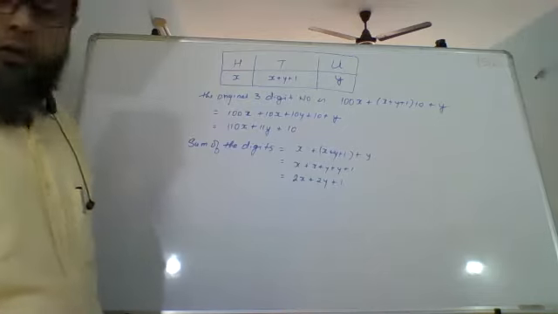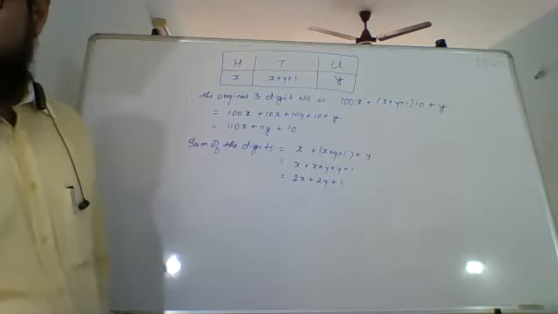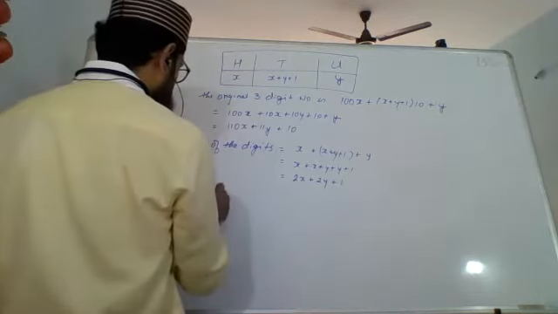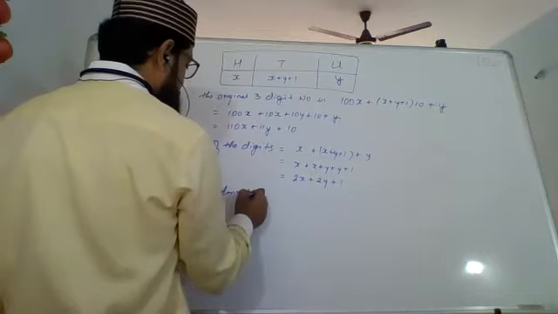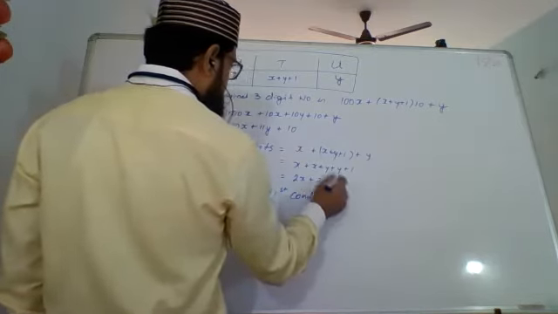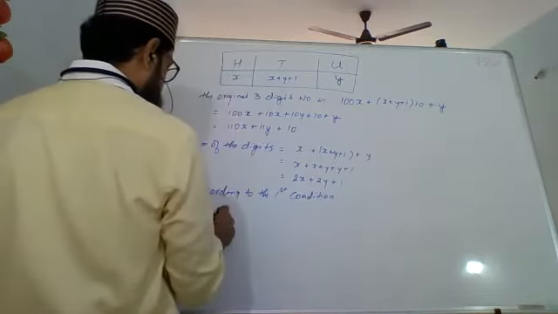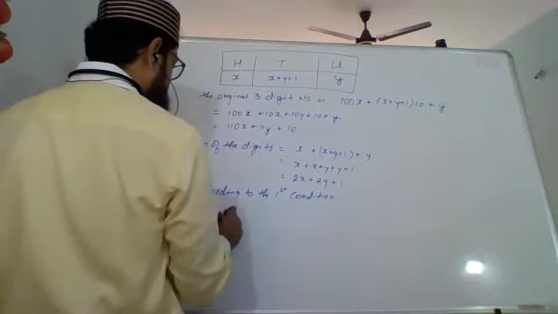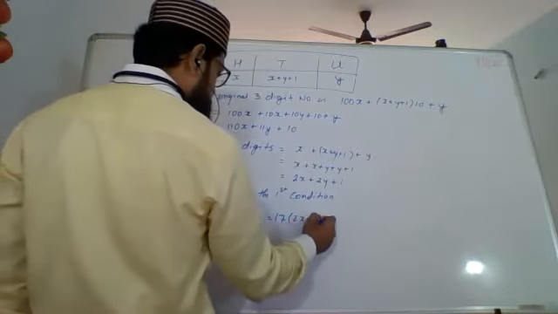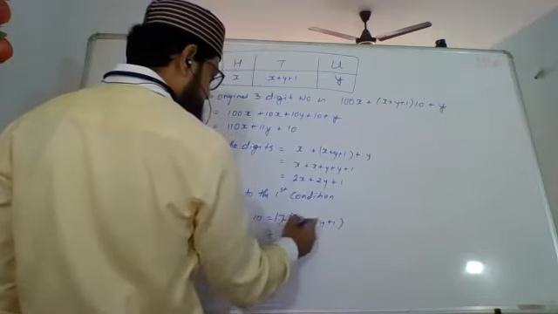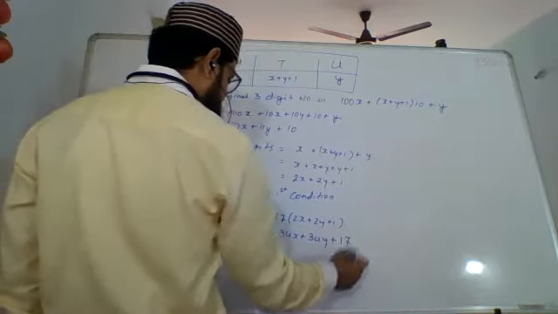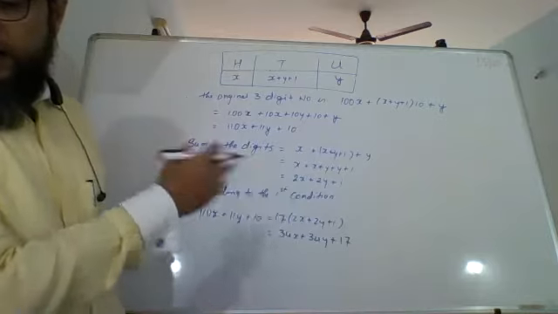Okay. Now, read what it says. A 3-digit number is equal to 17 times the sum of its digits. So, according to the first condition, the 3-digit number, that is 110x plus 11y plus 10, is 17 times (2x plus 2y plus 1), which is 34x plus 34y plus 17. Shift the constants to that side, and shift x and y to this side.